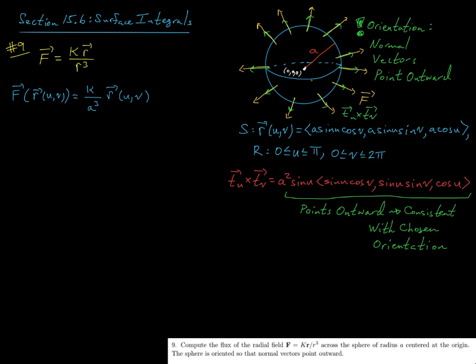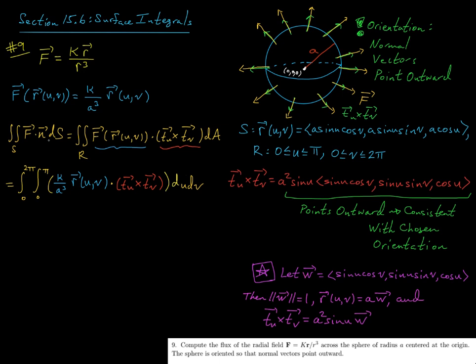If we're on the sphere of radius a, our radial distance from the origin is just the constant a, so this denominator becomes a cubed. And this is just the position vector on the sphere. I could copy this blue vector and paste it over here, but for the moment I'm going to leave this as r of uv because, as we'll see in a few moments, some nice simplification is going to happen.